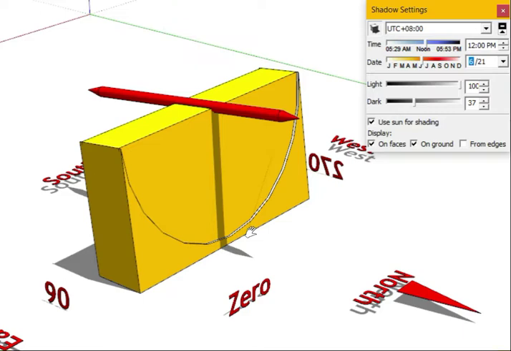Tropical design students, I'd like to show you a sundial that has been designed for latitude 7 north.